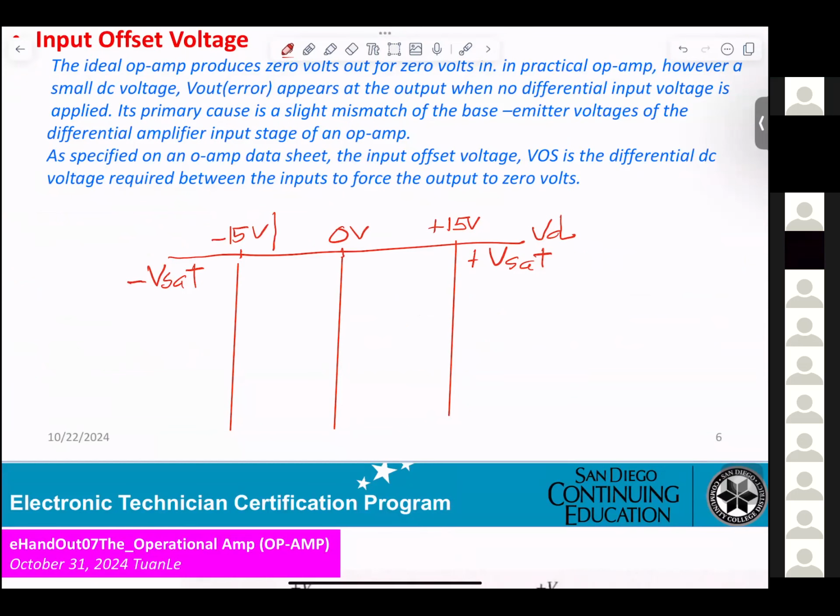I pick one example here: minus 20 microvolt, that will be VD.